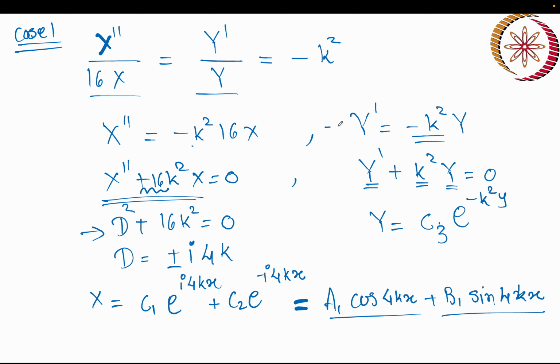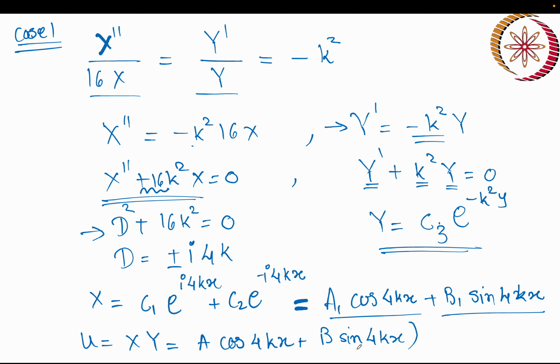Okay, so here itself we can directly solve this for y, and our solution u is equal to x into y. So finally if we multiply these two, we will say a, where a is nothing but a1 into c3, cos 4kx plus b sin 4kx into e raised to minus k square y. Okay, so this is the solution for case 1.